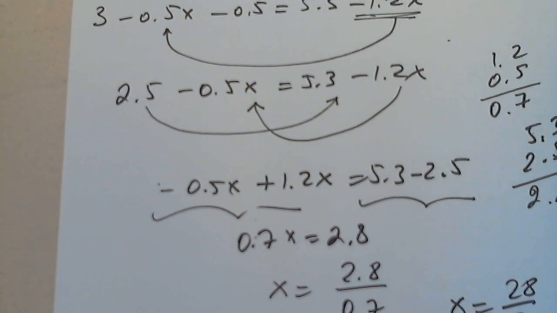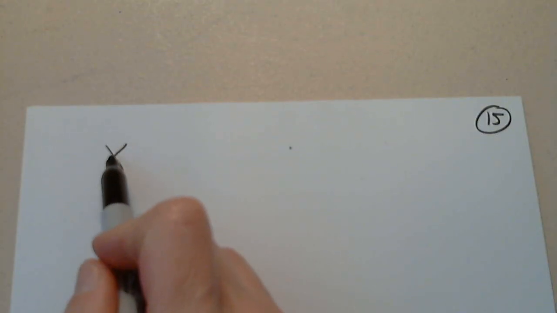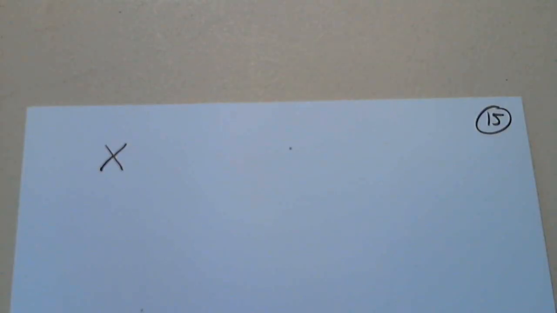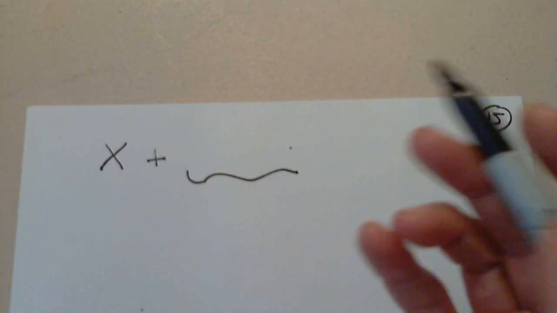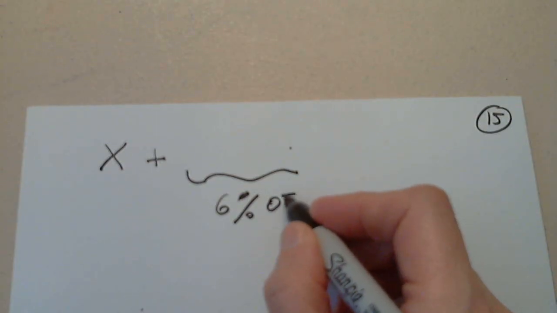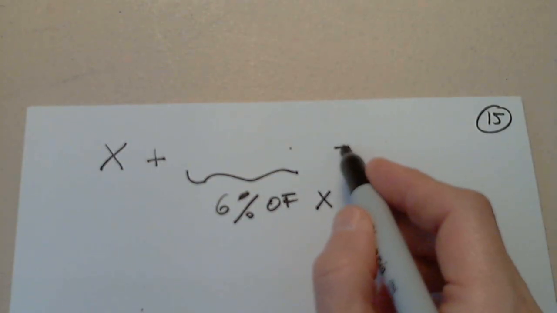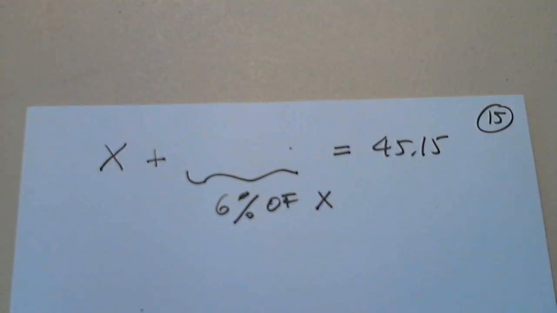Okay. When we go to the store, and let's say we want to purchase whatever clothing item we are interested in, let's say the price is x. But we have to add, in the state of Maryland, 6% of x. And let's say we end up paying $45.15.